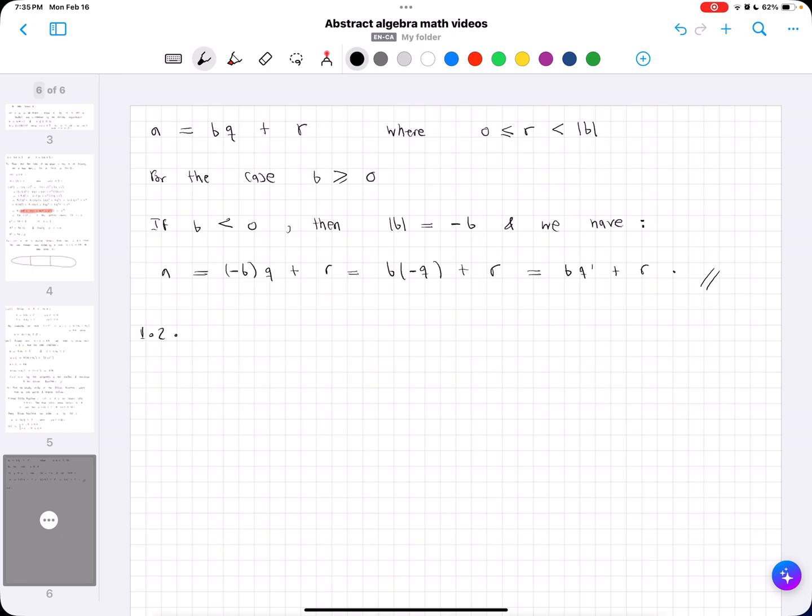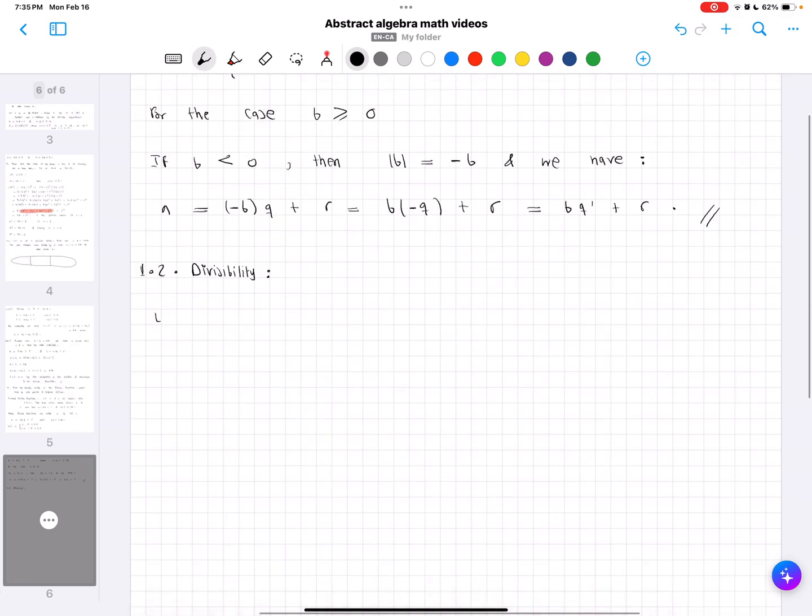So, divisibility. We have the following definition. Let A and B be integers, with B not equal to 0.